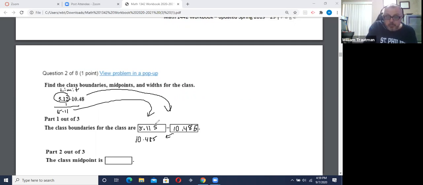Subtract those two for the midpoint, 10.485 minus 5.115. Calculators do come in handy. 10.485 minus 5.115, and I get a midpoint of 5.37.